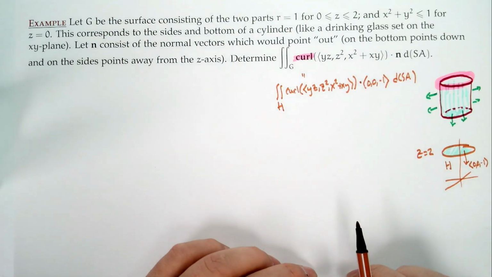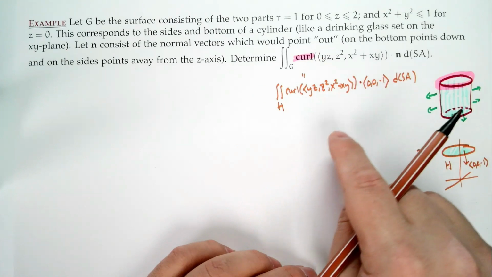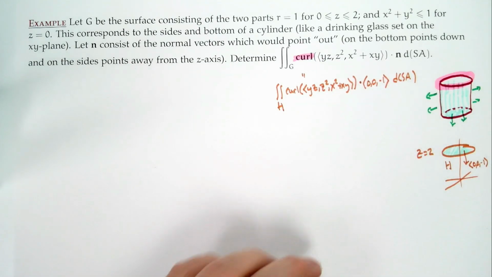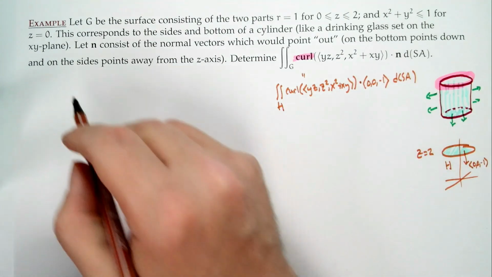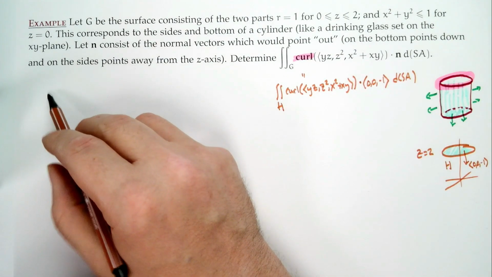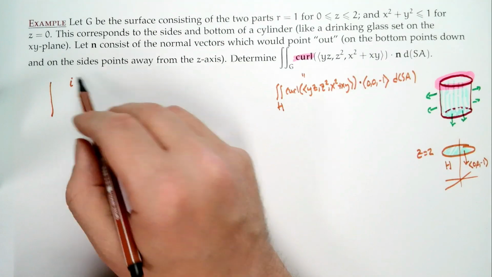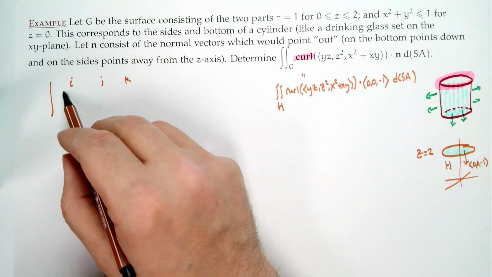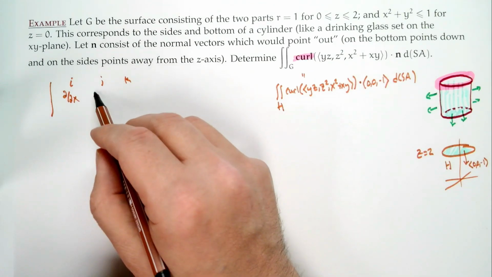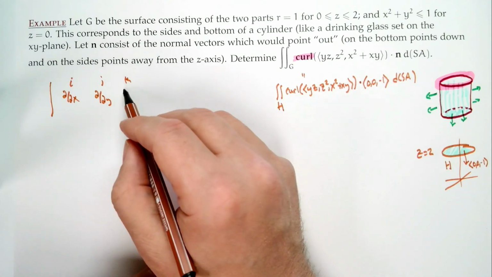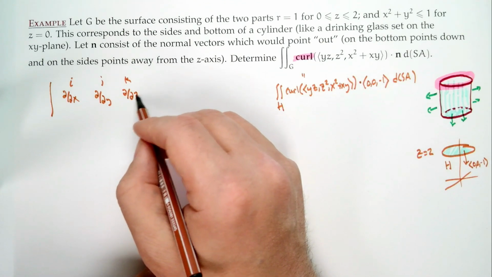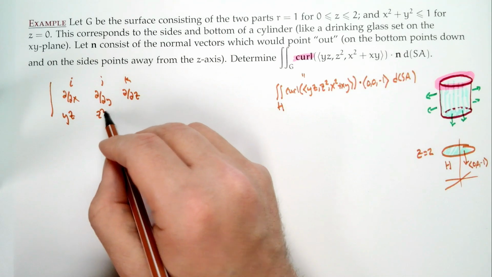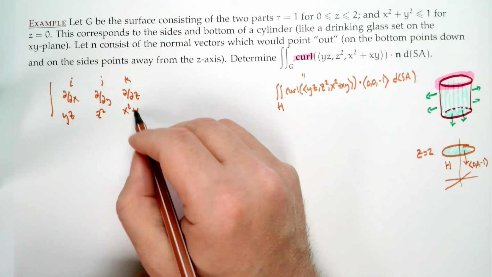Okay, so now let's take some time and we'll do the curl. Well, we're not going to take much time because, look, these first two components are going to be 0 automatically. So what we'll get is that our curl, we only need to focus on our last component, the k entry. So we set up our 3 by 3, partial partial x, partial partial y, partial partial z, and then we have yz, z squared, x squared plus xy.